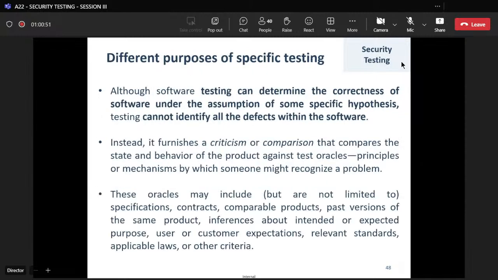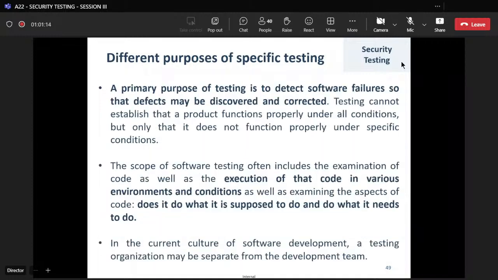Then there are different types of specific testing. Basically, testing helps to determine the correctness of software. Whatever defects or bugs they identify in testing need to be corrected before release of the product. The primary purpose of testing is to identify the defects so that they can be corrected.